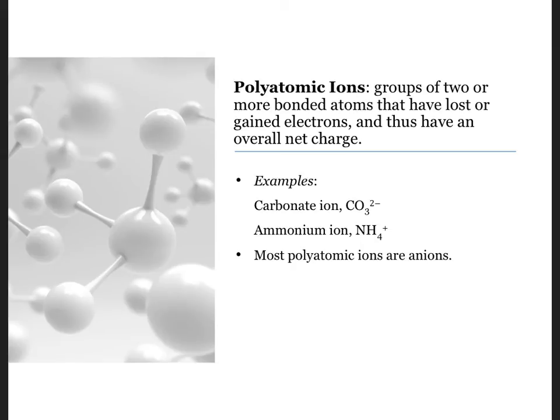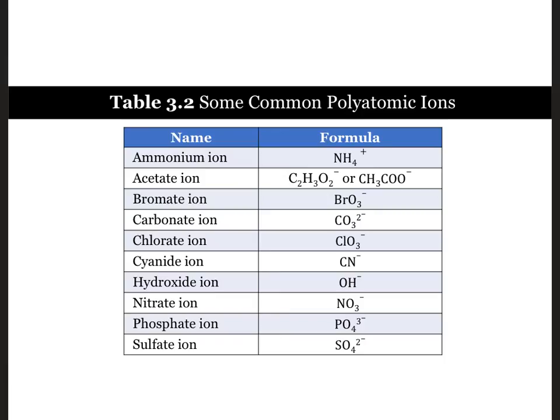Another example is ammonium, NH4+, which has 1 nitrogen atom, 4 hydrogen atoms, and has lost 1 electron for a +1 charge. Whenever you see a polyatomic ion, keep in mind that they're a package deal. You don't want to break them apart when building formulas.